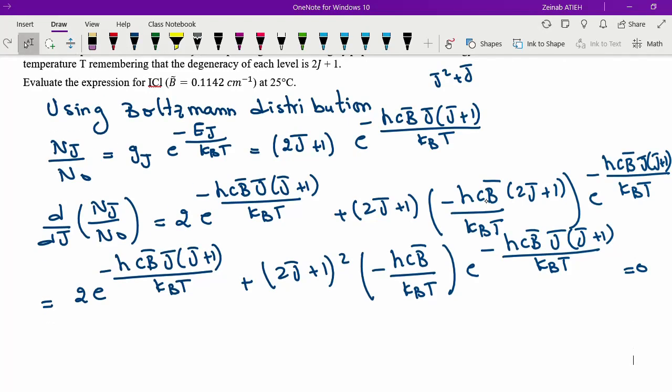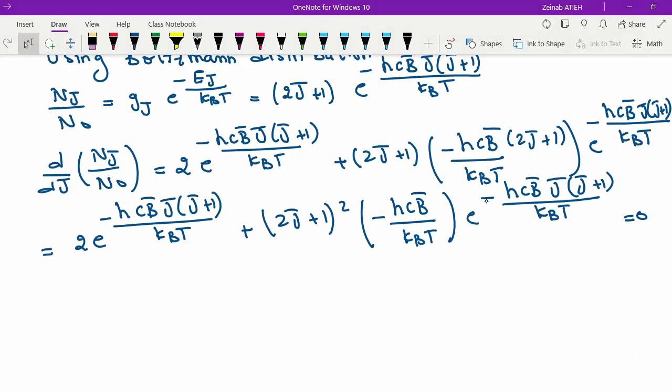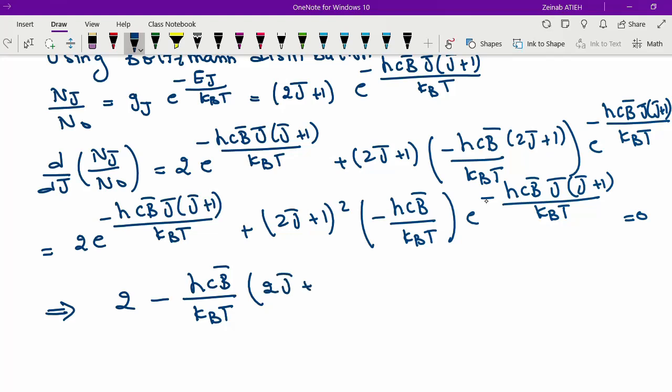We can take the exponential common because the exponential is never 0. The other factor will be equal to 0. So if this is equal to 0, the exponential is not the part that's equal to 0 for sure. So we are left with 2 minus hcB bar over kBT times (2J plus 1) squared equal to 0.